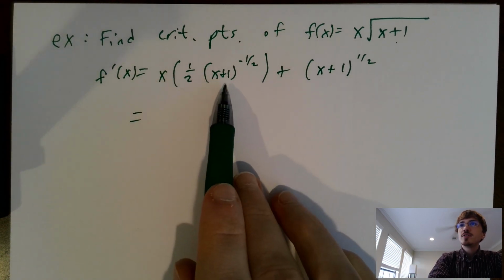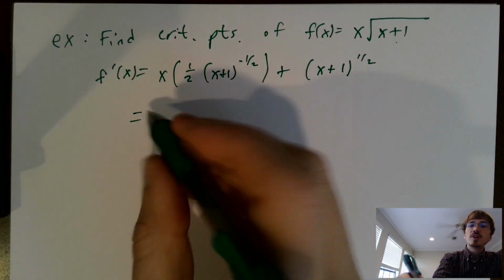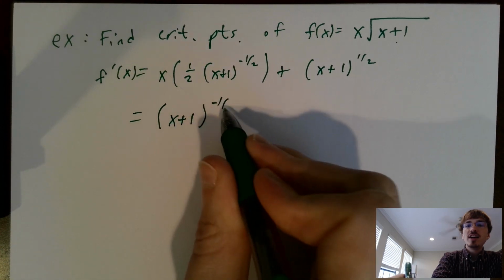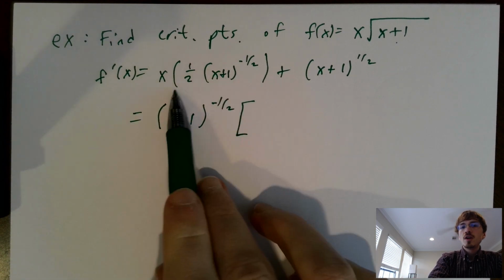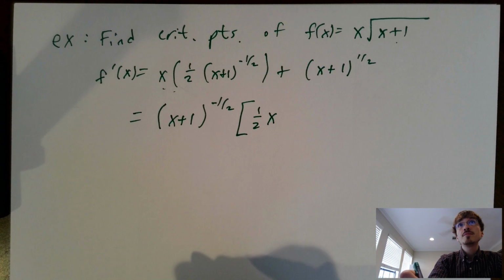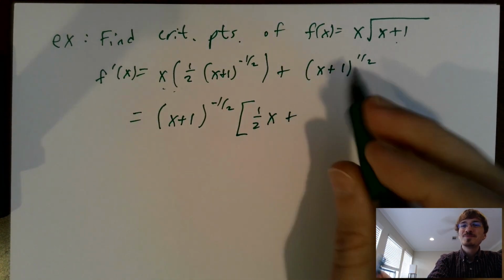Remember, the trick here is to factor out the biggest negative exponent. The biggest negative exponent that I see is x plus 1 to the negative 1/2 power. What's left over? In this first term, I'm left with a 1/2 x. What am I left with in the second term?